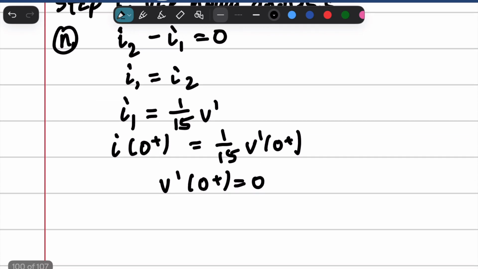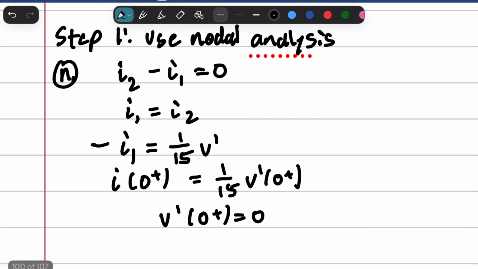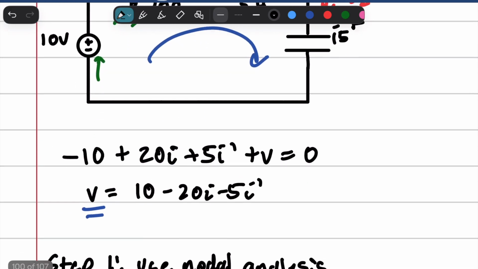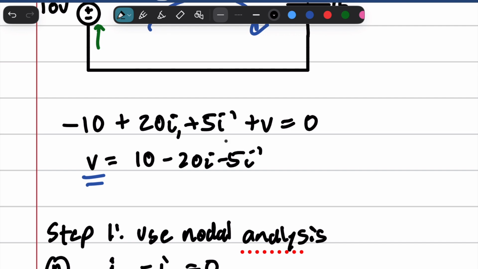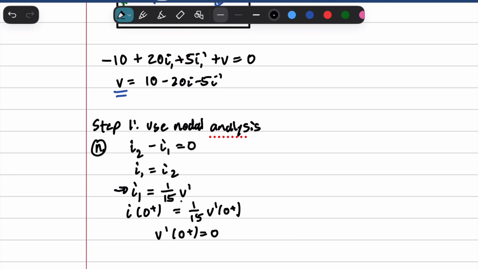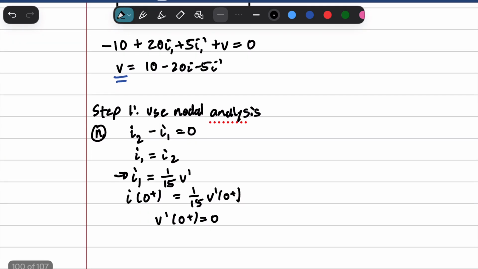We can actually move on because we said that we know what I1 is, and this guy right here is I1, okay? So we can just plug in 1/15 V prime into all of these I1 spots, okay?